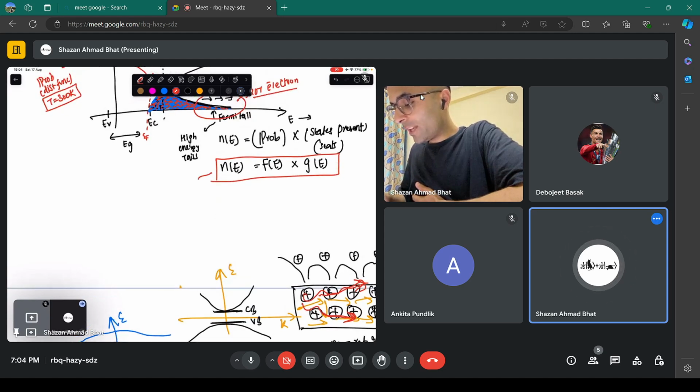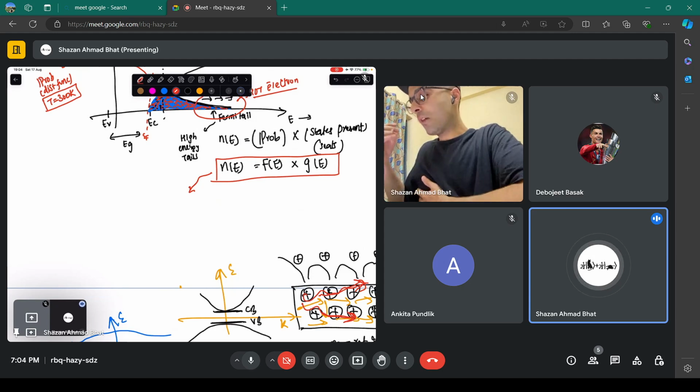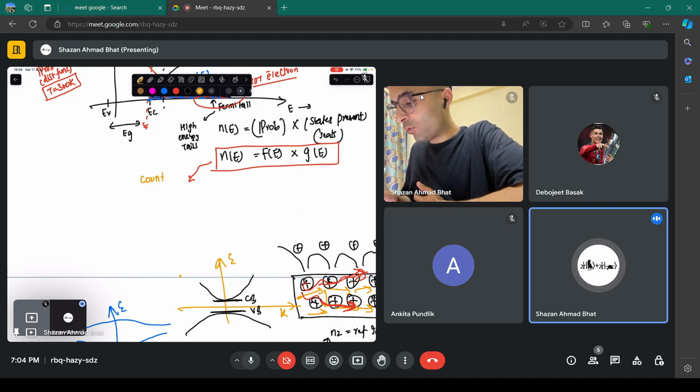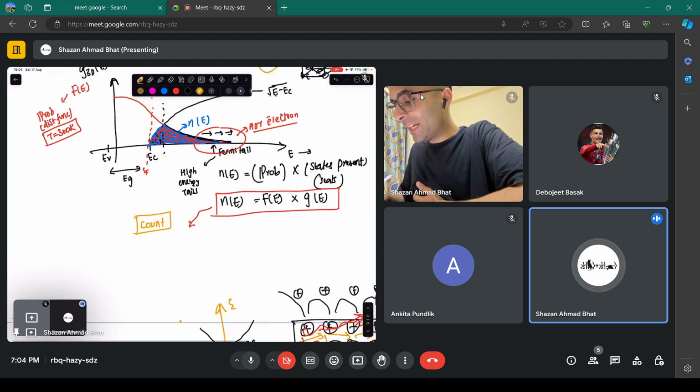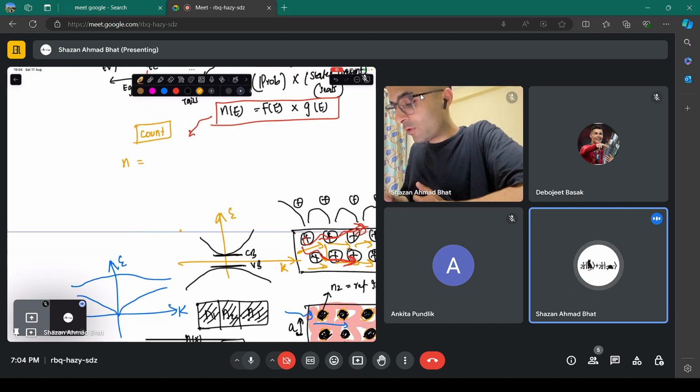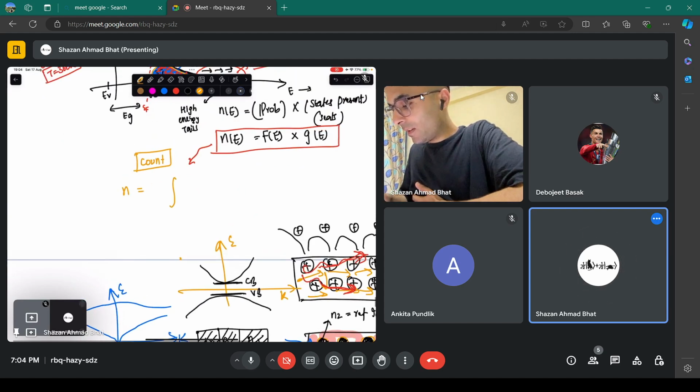Now, this particular region here was showing you the number of electrons distributed in energy space. If you want to count how many electrons are there, you can simply integrate this curve with respect to energy. You can write the number of electrons to be the integral of f(E) g(E) with respect to energy.